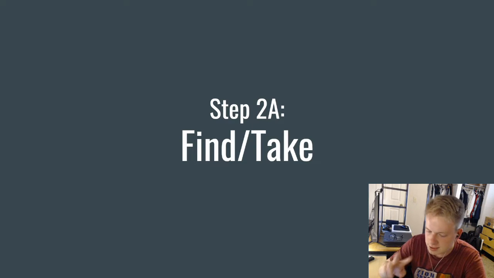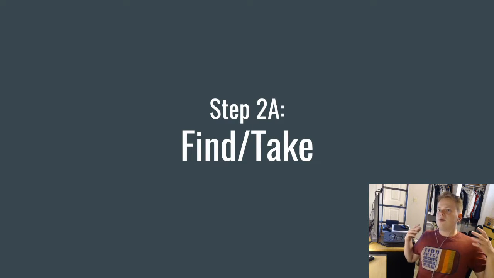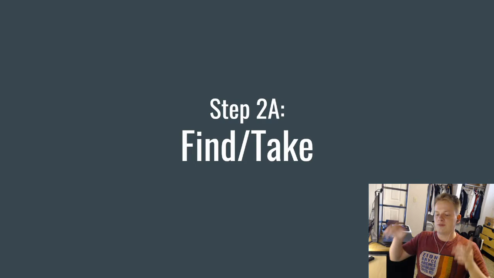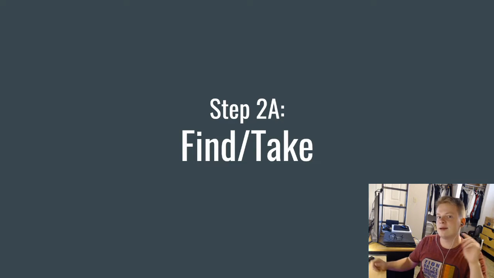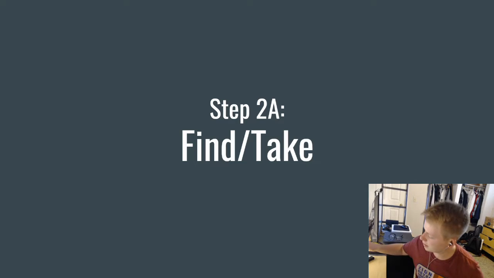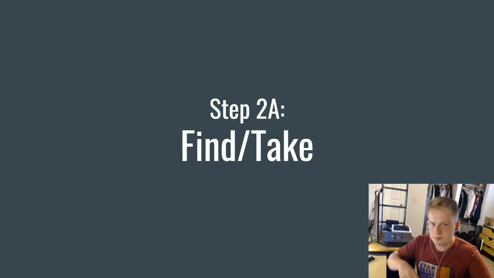Step 2A: find/take. So now we get kind of the premise of the Dan Harmon story wheel, but a lot of the times you think about starting writing at step 1. Then I heard this great tip from Amy Vorpal when she was on a show with Satine Phoenix talking about DMing, where they were talking about using the Dan Harmon story wheel.